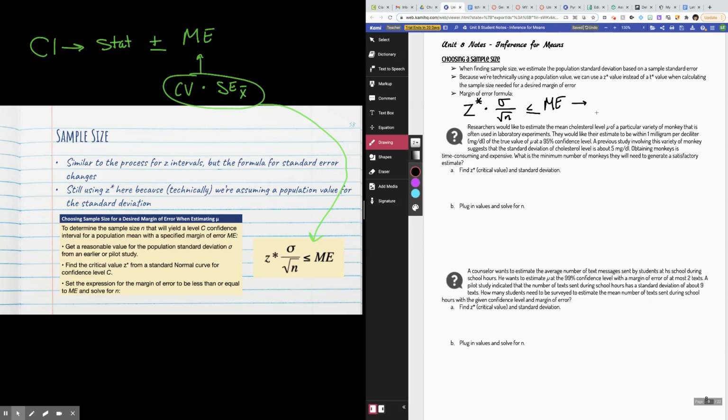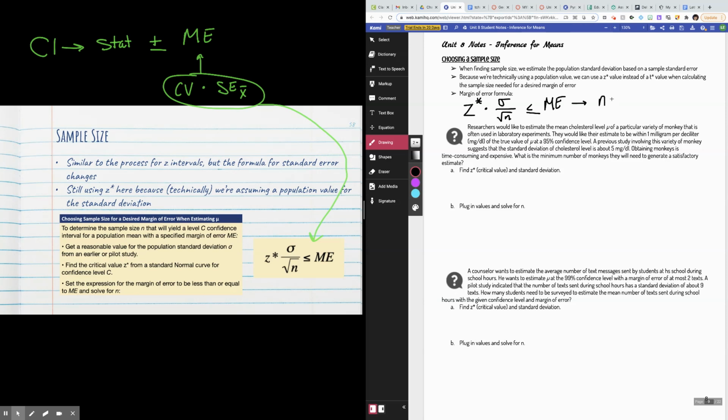But if you want to memorize the version of this inequality that has n already solved, essentially what I'm going to do is multiply both sides by the square root of n to move it over here, and then divide both sides by the margin of error, and then square both sides to get rid of the square root to get n by itself.